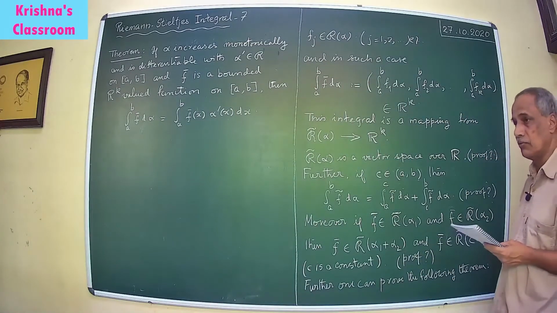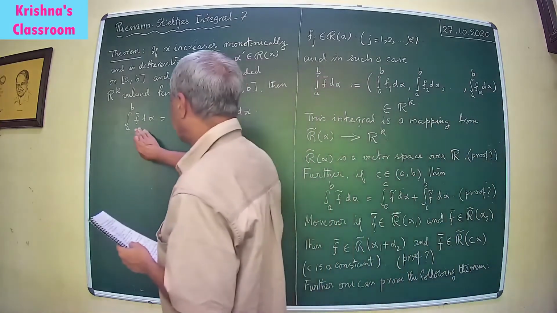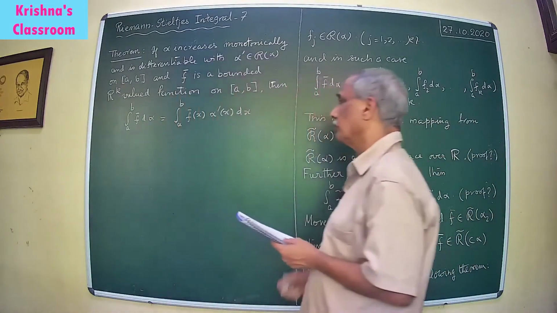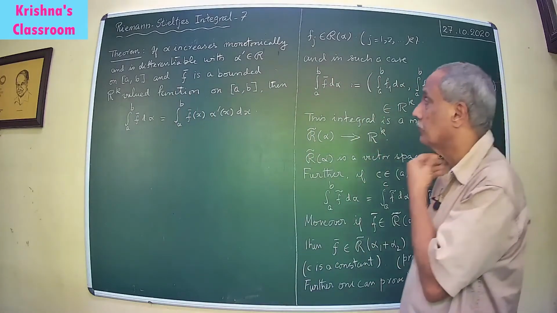It's the form of a Riemann integral for the vector valued function. This is again analogous to the theorem that we have proved earlier. Now, just a word about boundedness of it.